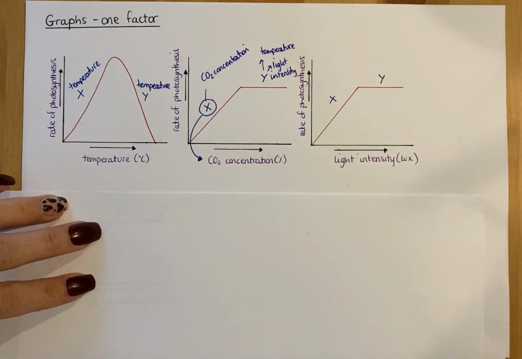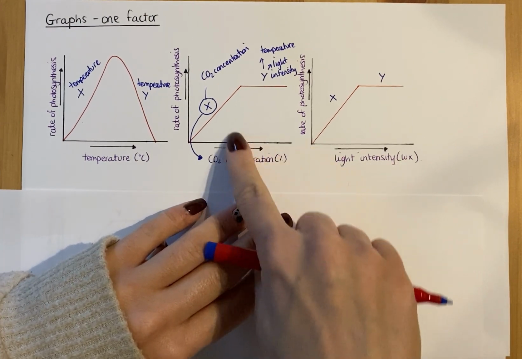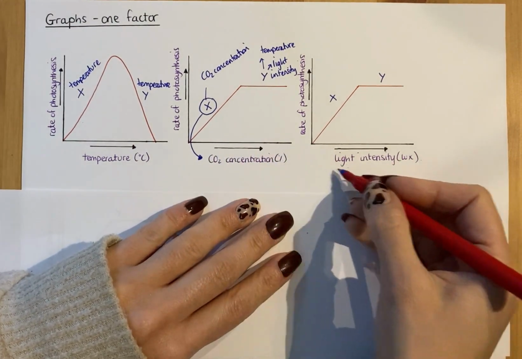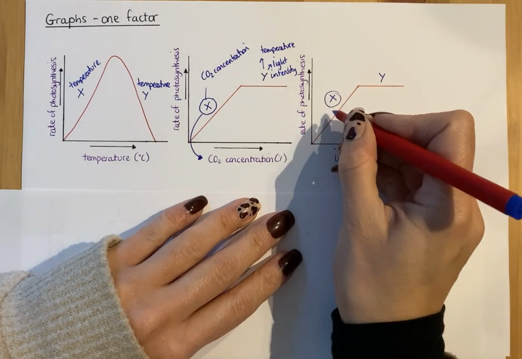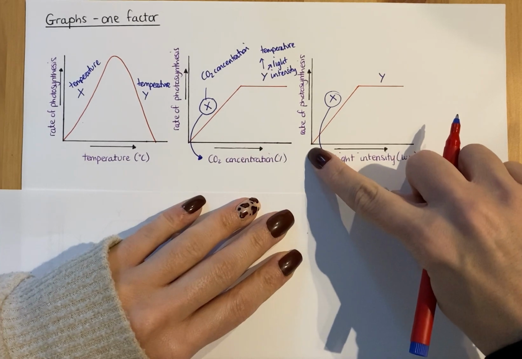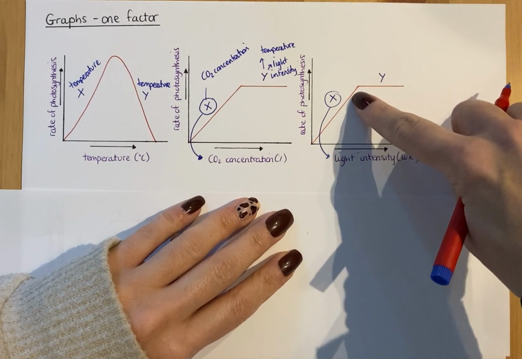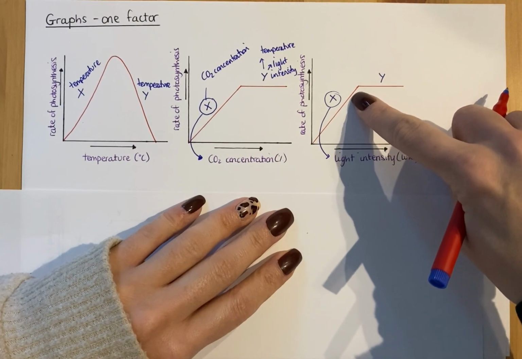Again, another example here shows light intensity. So what I said earlier on, whatever's on the slope of the graph is whatever's along the bottom of the graph. So X is light intensity because at this point it's increasing light intensity and that rate of photosynthesis is getting faster. So that's the thing that's holding it back.